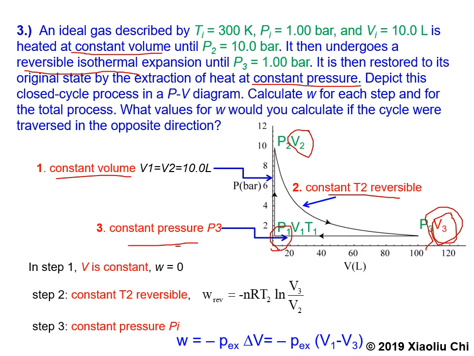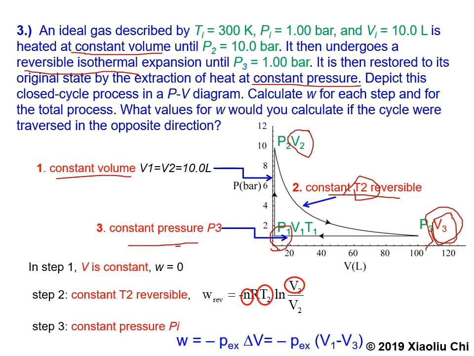So we have all the equations, but to calculate, we still need to find the number of moles. It doesn't tell you. The temperature T2 we need to find out, and the V3 we need to find out. So this is a typical question in this chapter where you have to go back to chapter 1 and use gas laws.